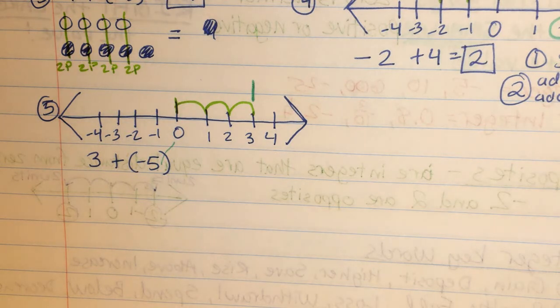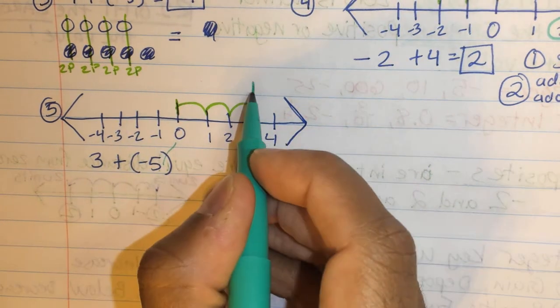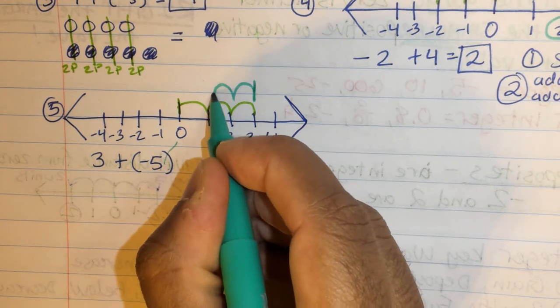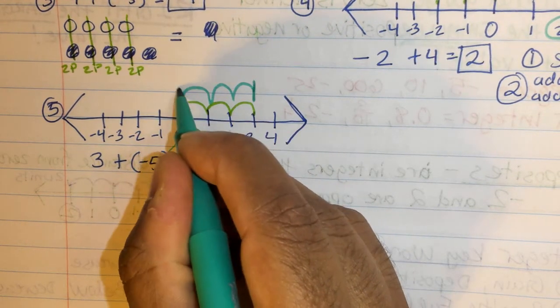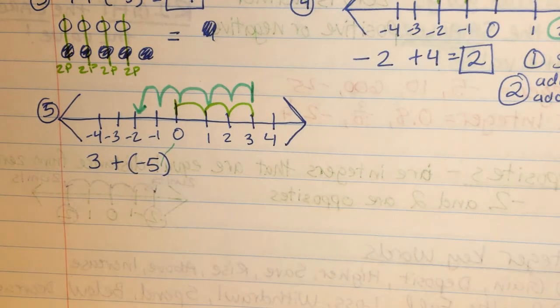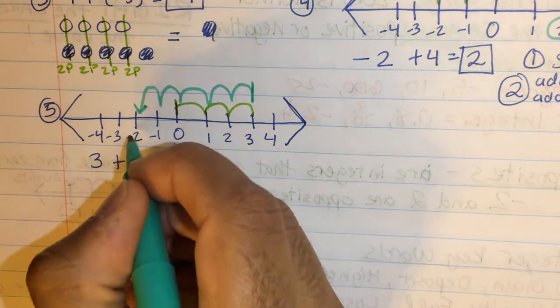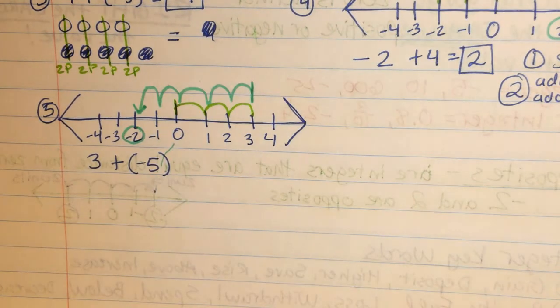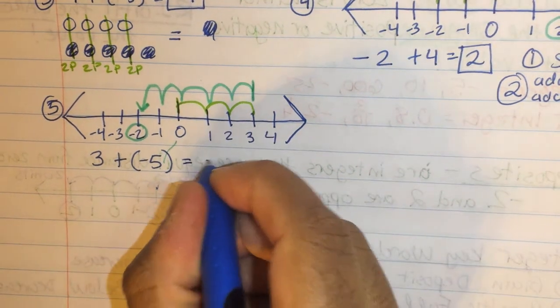So when we look at it, I'm going to move 5 spaces to the left. So that's 1, 2, 3, 4, 5. When I look at that, the number we end up on is negative 2.